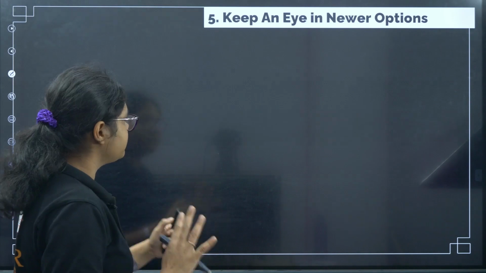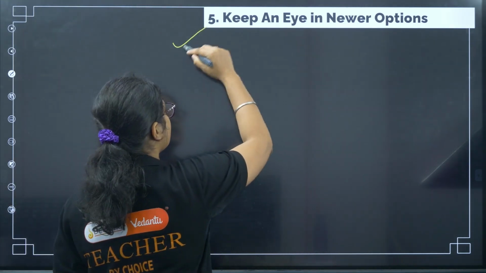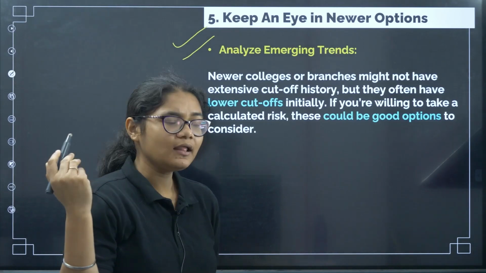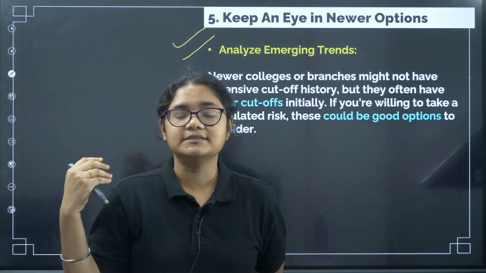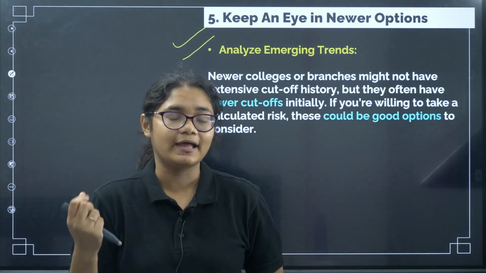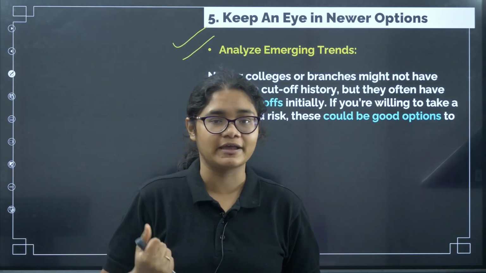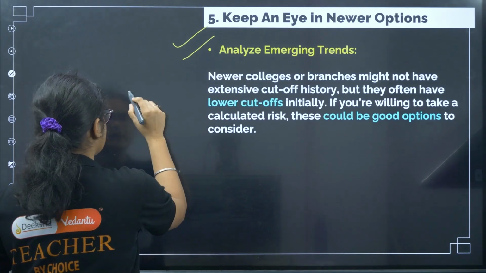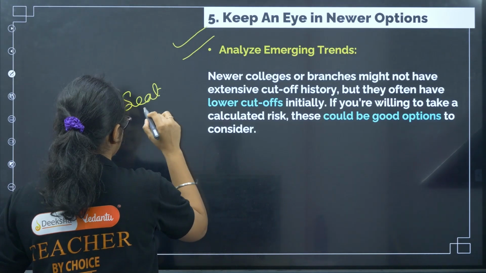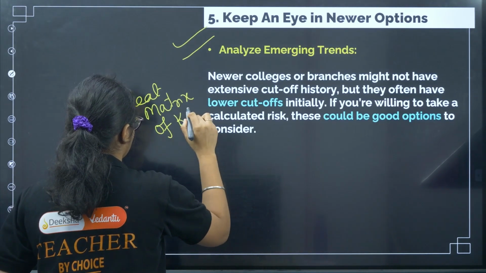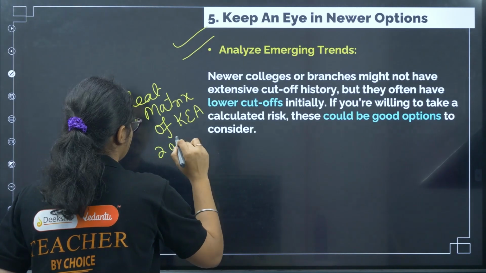Now coming to the fifth and the last thing, that is keep an eye on the newer options. Last year there may be certain branches which were deleted and some new branches might have been introduced. So how will you understand this? From where can you check this? Go to the seat matrix of KEA, 2023-2024.